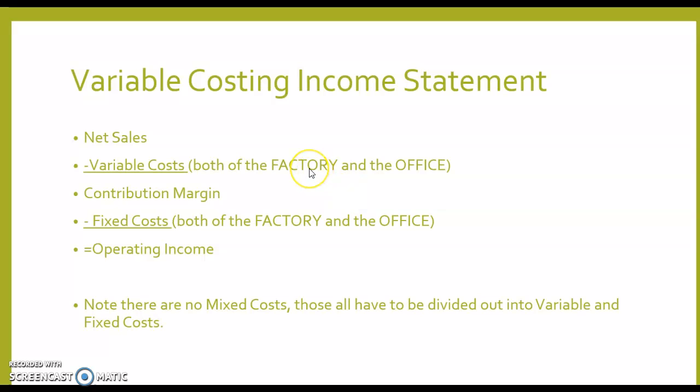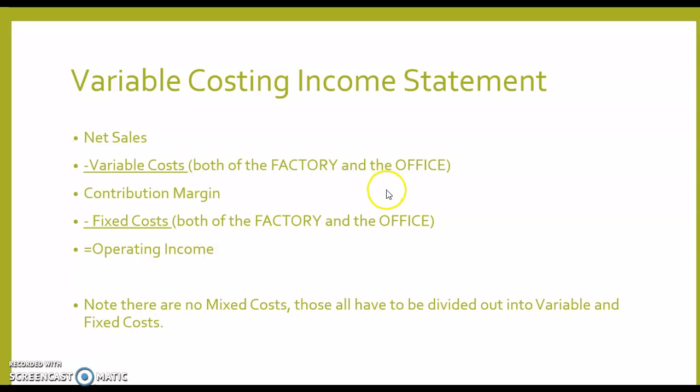So if I have direct materials, that's a variable cost from the factory, that's part of this. But also if I have variable costs from the office, like let's say we pay a sales commission to the salespeople, and however many they sell, they get a bigger sales commission.